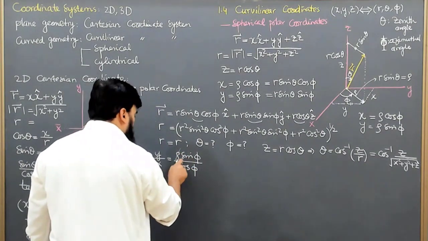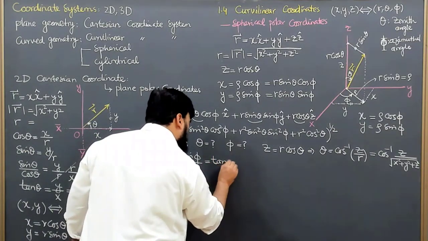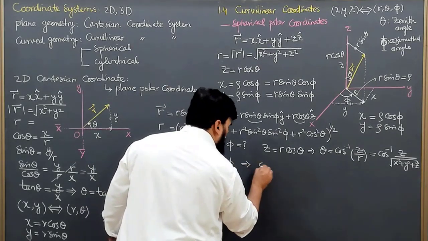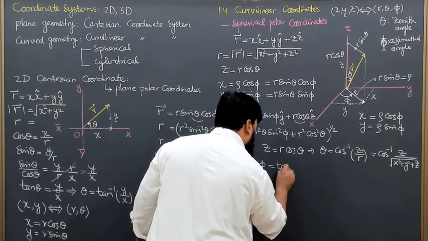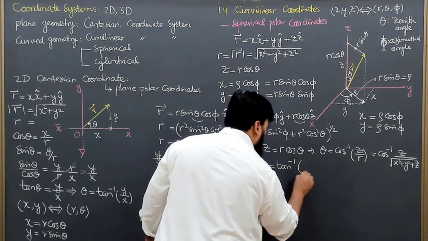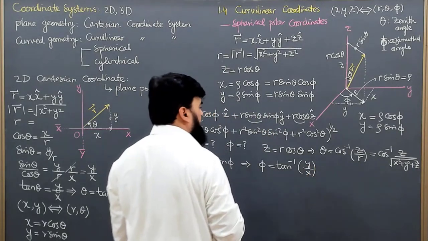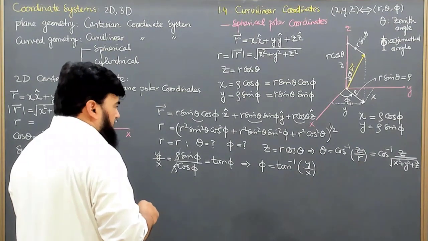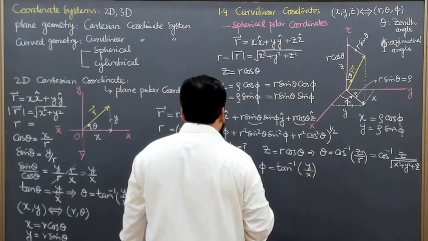So rho is cancelled with rho, and we got tangent phi here, and this implies that phi is equal to tangent inverse of y over x here. So this gives us the value of phi in terms of x and y.